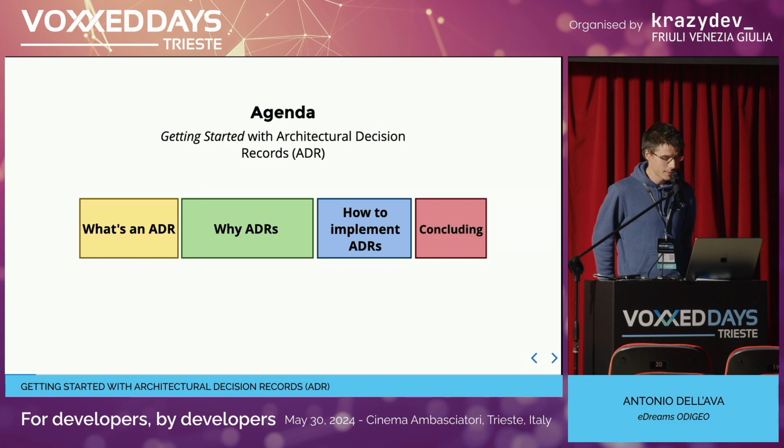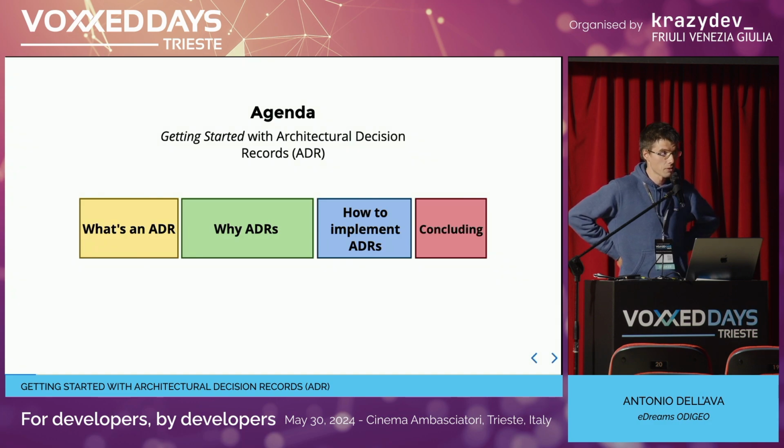So, the agenda of today's session. First of all, I want to remark that I'm not an architect, I'm a humble front-end developer, and today is just a getting started session. So, as I said, it's just our findings. The session will be divided in 4 parts. First of all, an introduction, just to understand the ADR, and then we will spend a lot of time trying to explain why ADRs are valuable, a good investment.